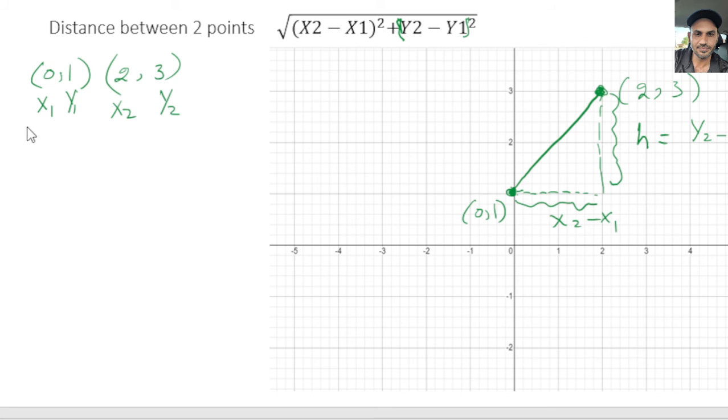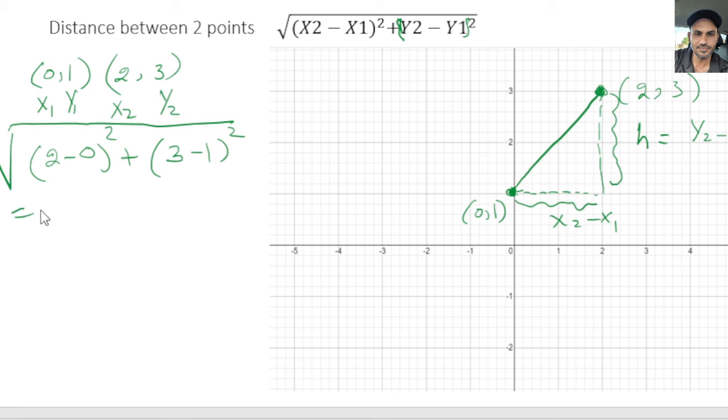So we're going to go ahead and plug in x2 minus x1, which would be x2 is 2 minus x1 is 0, squared, plus y2 minus y1, which is 3 minus 1, squared, and we take the square root of that right there. So this is 2 squared plus 3 minus 1, which is also 2, squared, and then we take the square root of the entire thing.